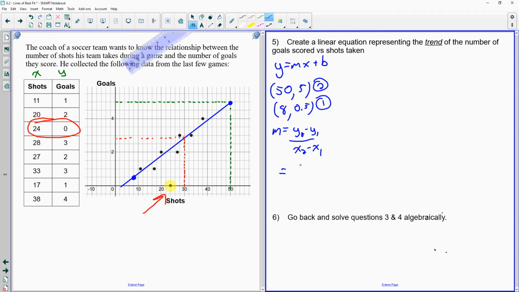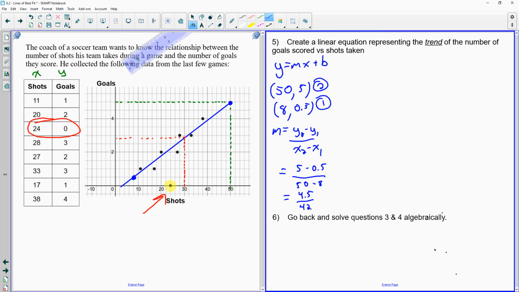So we are going to do 5 minus 0.5 over 50 minus 8. So that is going to be 4.5 over 42. And that's not going to work out all that cleanly, unfortunately.